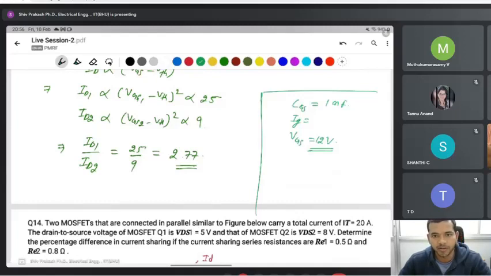The MOSFET is already on, then we do not require the gate current. The gate current is 0. If a MOSFET is in off condition, at that time you require the gate current. Once the MOSFET is on, then you do not require the gate current. So then answer should be 0, sir? Yeah, should be 0. Okay, thank you, sir.